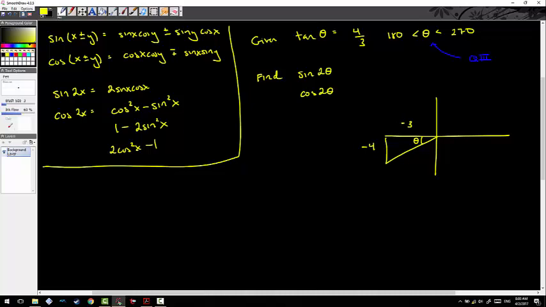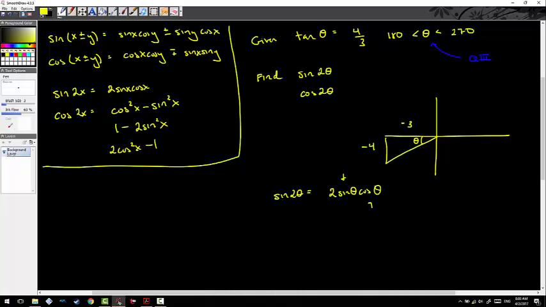And that's going to have ramifications for my answer. So if I'm going to find sine of 2 theta, that's going to be 2 sine theta cos theta.